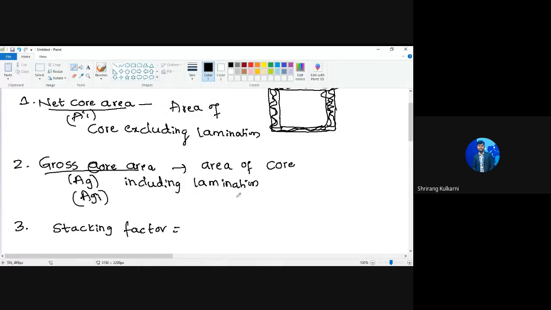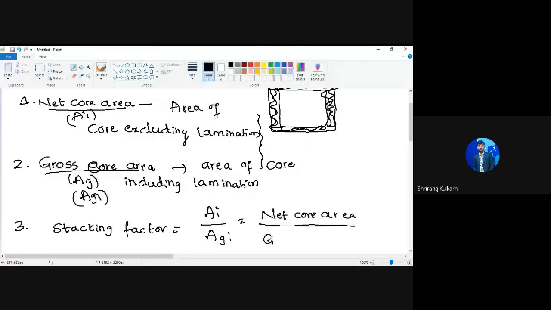Next is the stacking factor. Stacking factor is nothing but the ratio of these two. It is the ratio of net core area divided by gross core area.